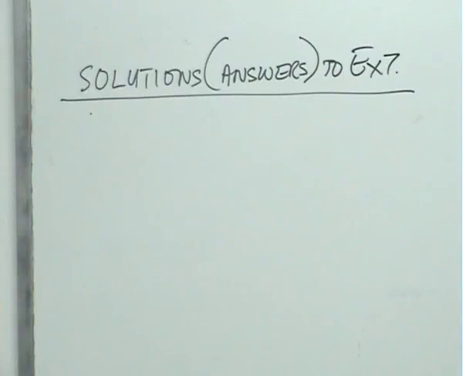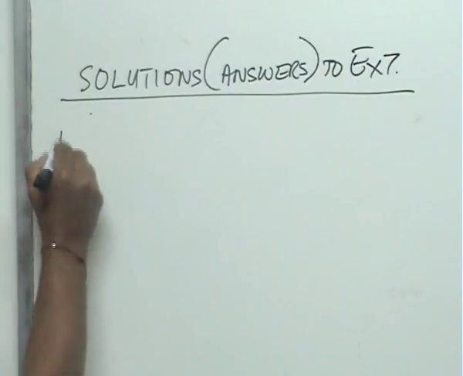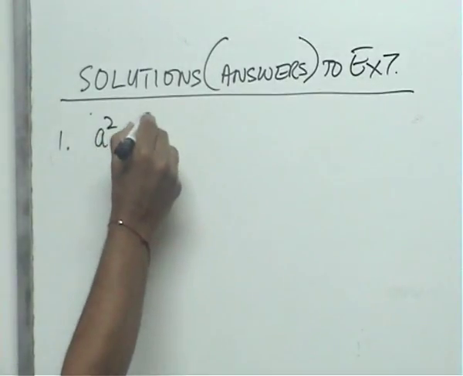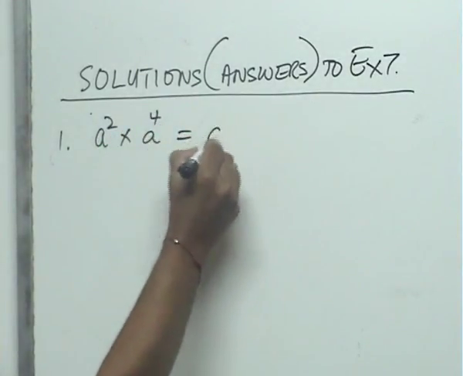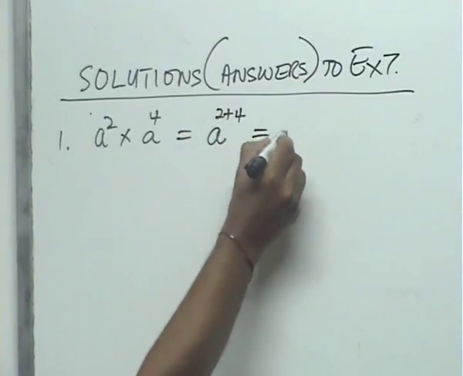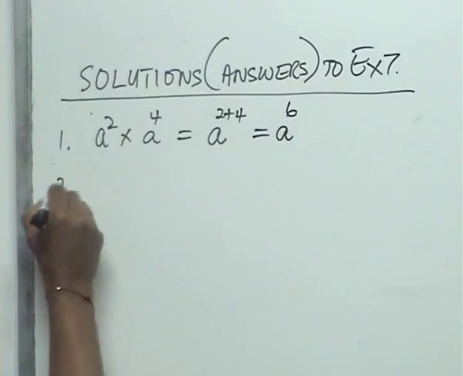Good, so here we are, solutions. Another word for solutions is answers. Answers to exercise 7. Number 1, you had a squared times a to the 4. So write down the base, add the indices and you get a to the 6.